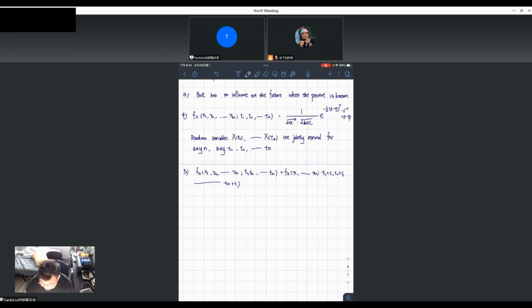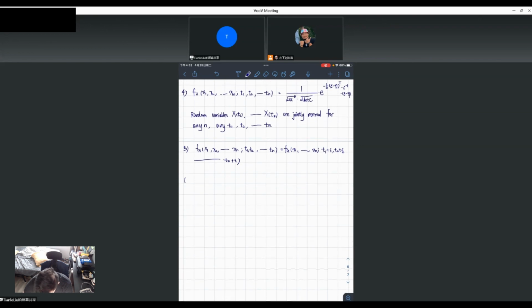This equation is very hard to satisfy, so the SSS process is very hard to satisfy. Also, if X(t) is normal and also wide sense stationary, it will be a strict sense stationary process. That's the extra part.